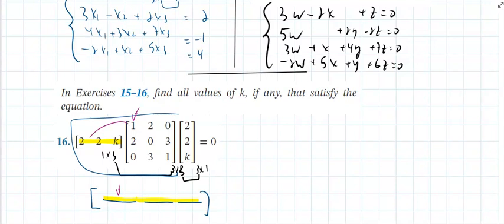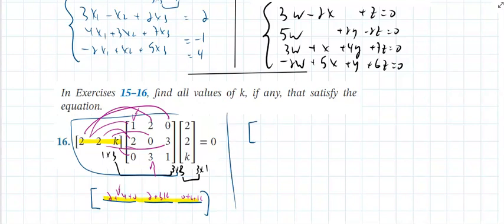So that's 2 plus 4 plus 0. To get the second entry, use the second entry: 2 plus 0 plus 3k. And 2 plus 0 plus 6 plus k. So the first two gave me 6, 2 plus 3k, and 6 plus k.